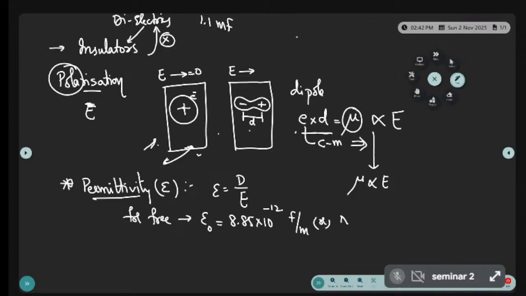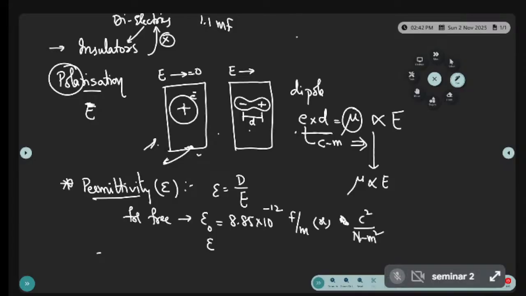Another unit is coulomb square per Newton meter square. For free space or air, epsilon naught. For a particular medium, it is denoted with letter epsilon, the permittivity of a medium.